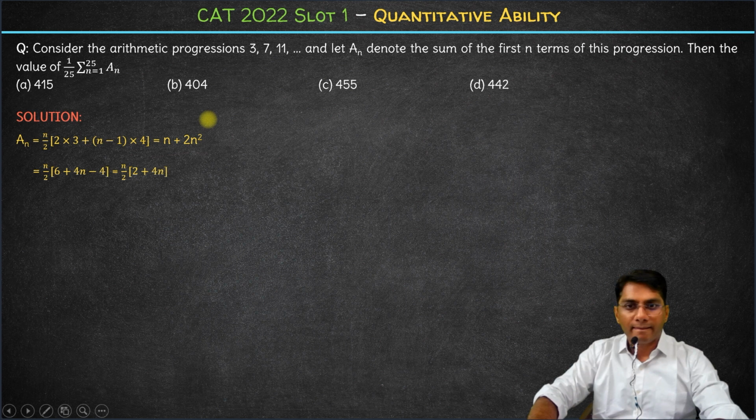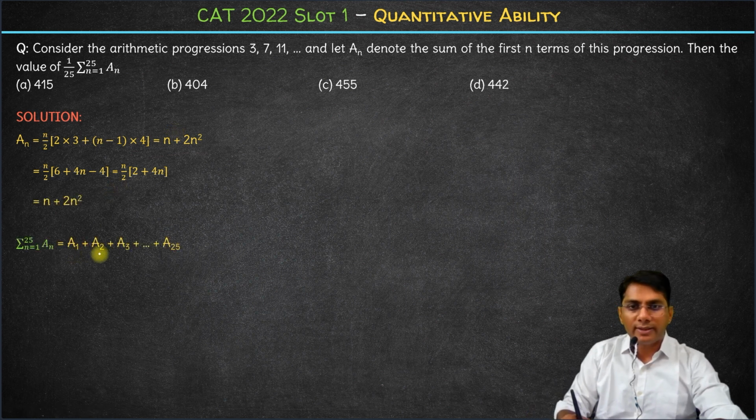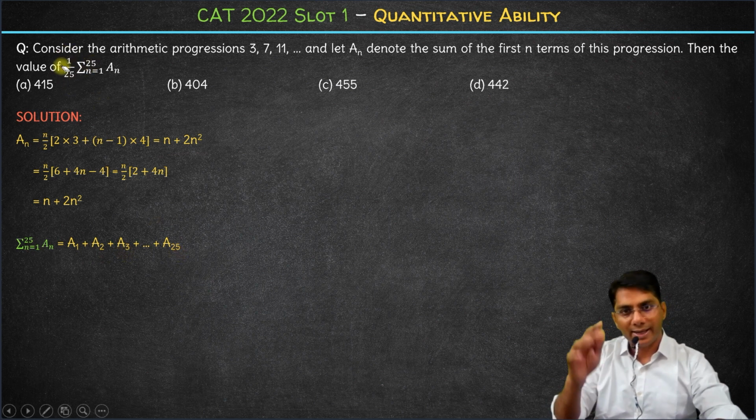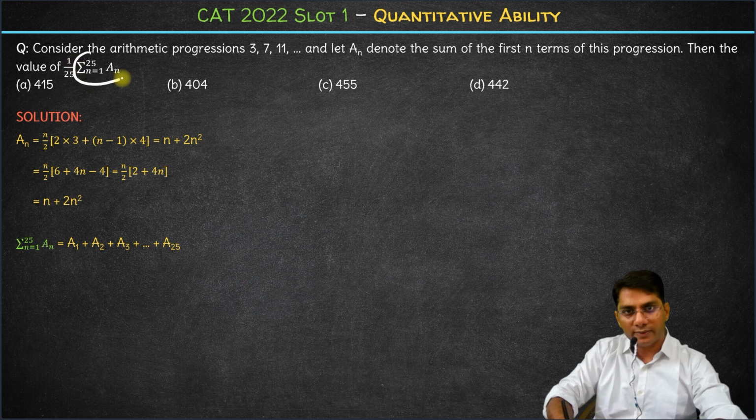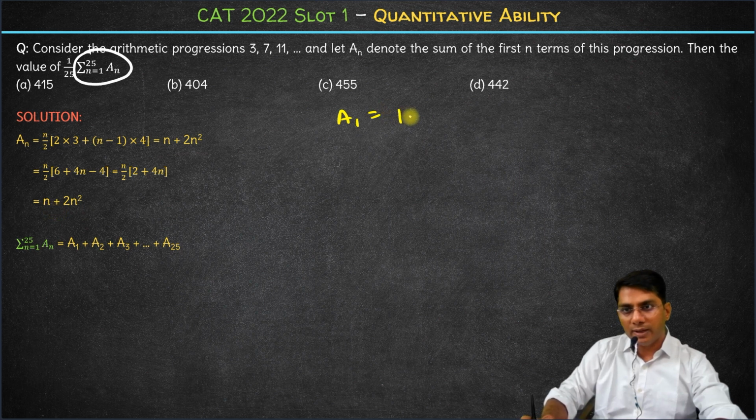Now this whole thing is simplified effectively. So we have to calculate A1 plus A2 plus A3 till A25. We'll take care of this 1 by 25 at the end. Let's just calculate the value of this part first. A1 based on this formula will be 1 plus twice of 1 square, putting n equals 1 here.